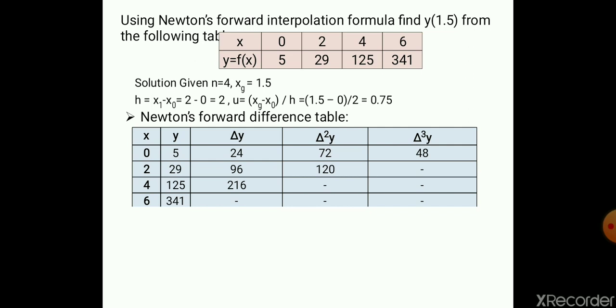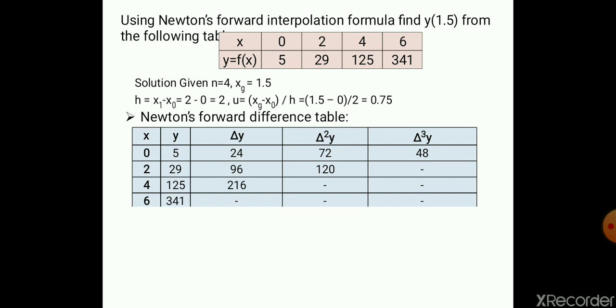So Newton forward difference table. We have arranged the x as 0, 2, 4, 6, and we have arranged the y as 5, 29, 125, 341. So first difference is 29 minus 5, that is 24. Second is 125 minus 29, that is 96.